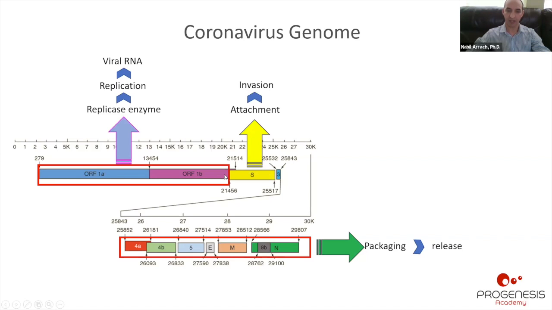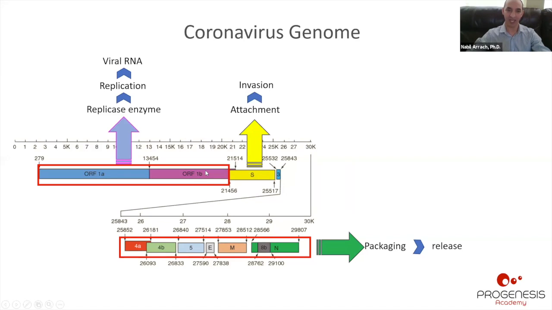Those are the open reading frames that encode for a replicase enzyme. Unlike other viruses, this virus relies on open reading frames 1A and 1B to do the rest of the RNA replication and translation.